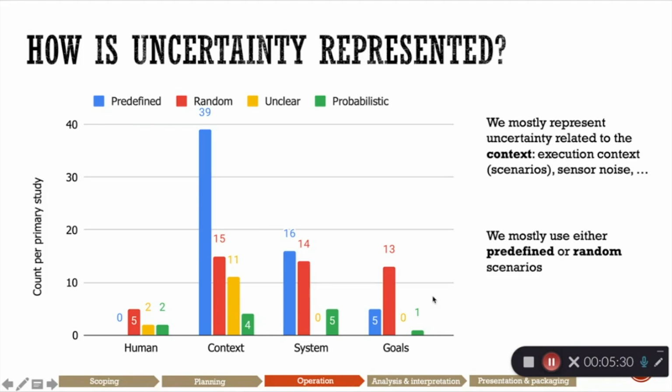What we can say here is that we mostly represent uncertainty related to the context, which makes sense because the execution context is what typically needs to be changed in an experiment. And we also found out that in the majority of the cases we use predefined ways of specifying different change scenarios.